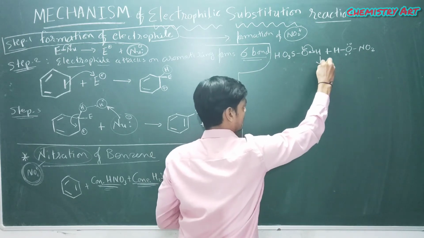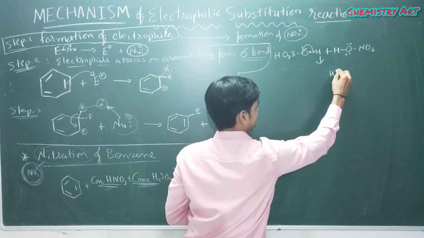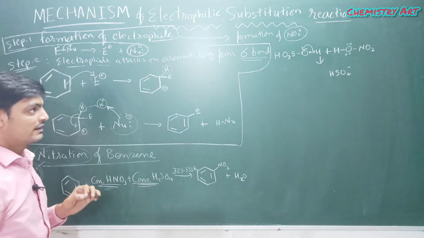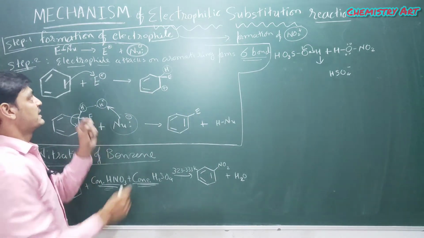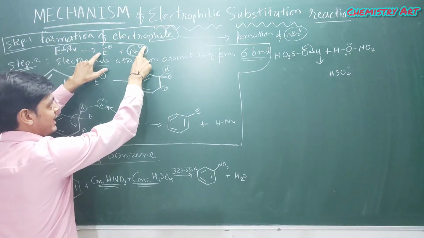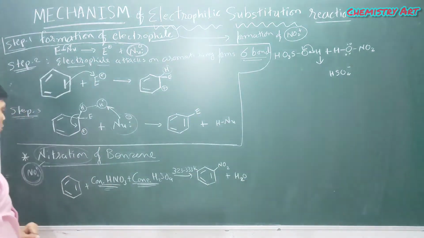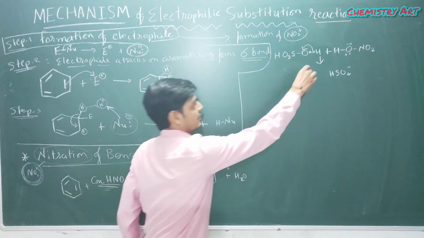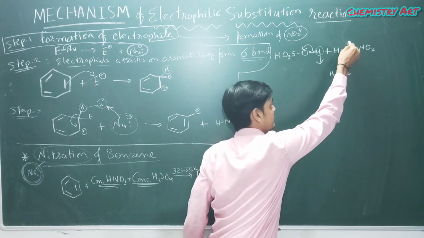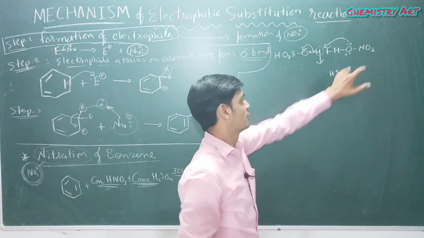So in this step we get one negative charge, and that is HSO4-, which is the nucleophile, but we want the electrophile, NO2. So this H requires electrons, and those electrons will be donated by the oxygen of HNO3.